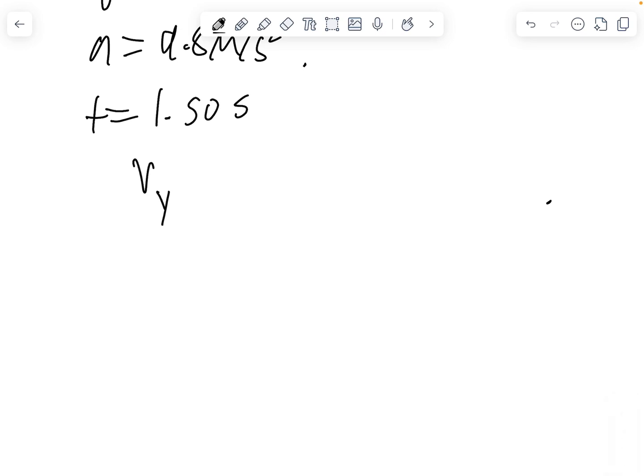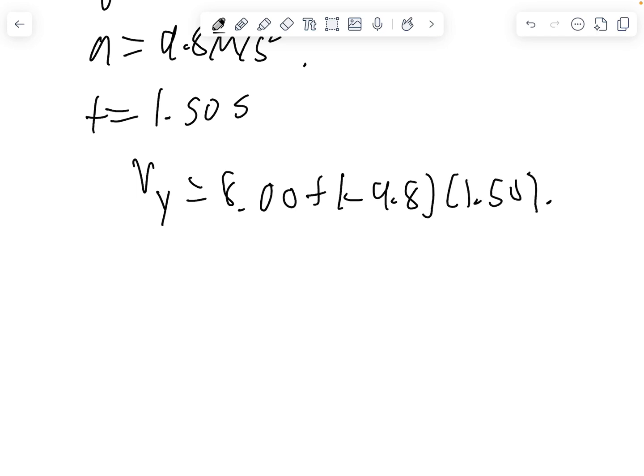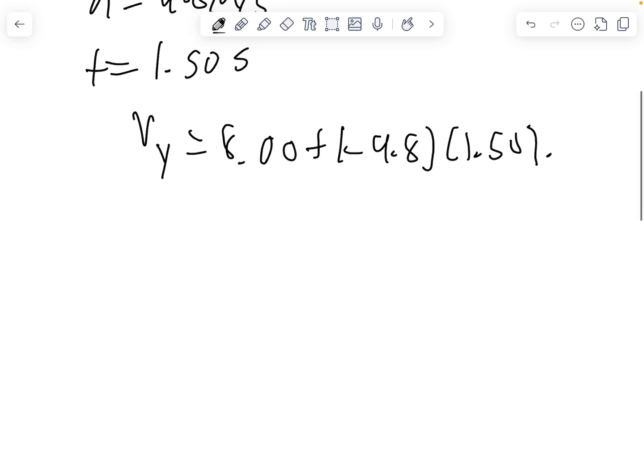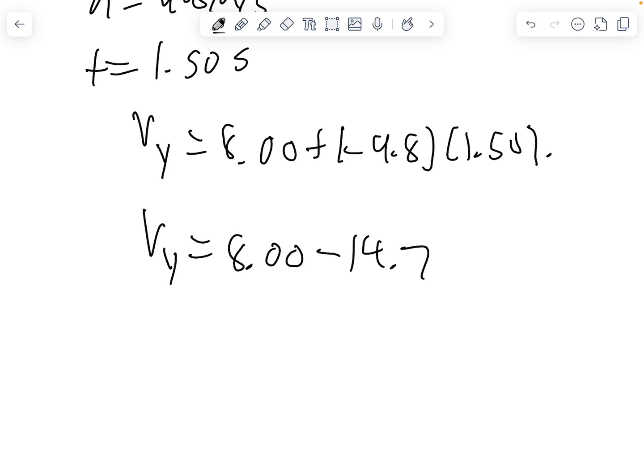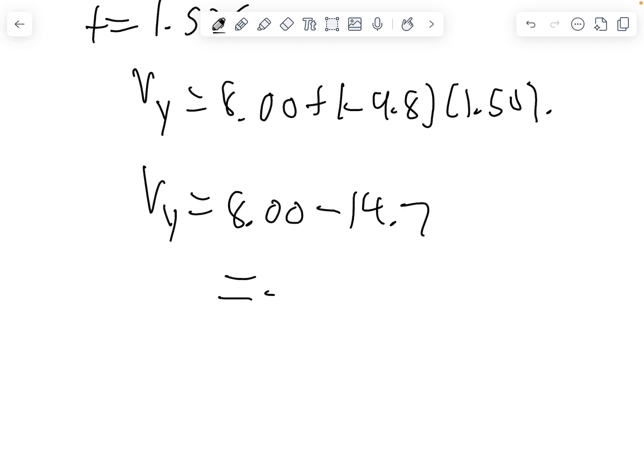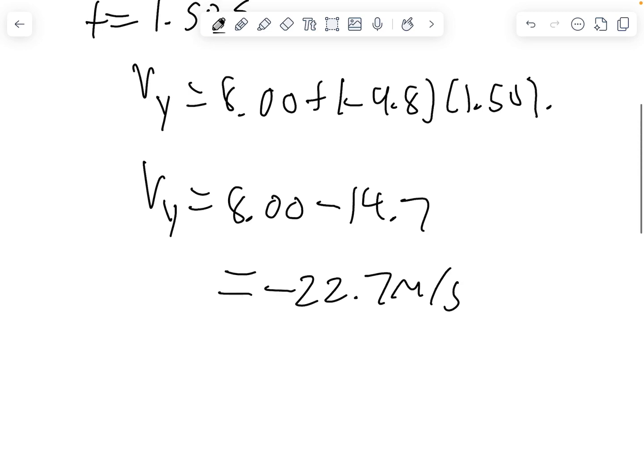That'd be v_y equals 8.00 plus negative 9.8 times 1.50, right? So that would be v_y equals 8.00 minus 14.7, which would equal negative 22.7 meters per second. So that's what the y component of velocity would be.